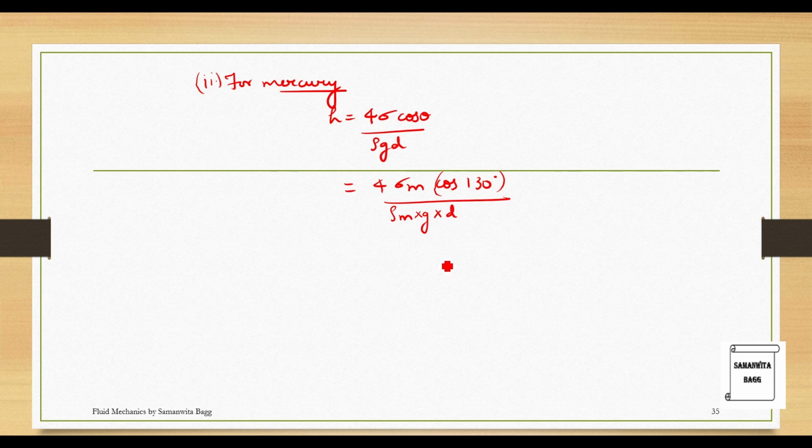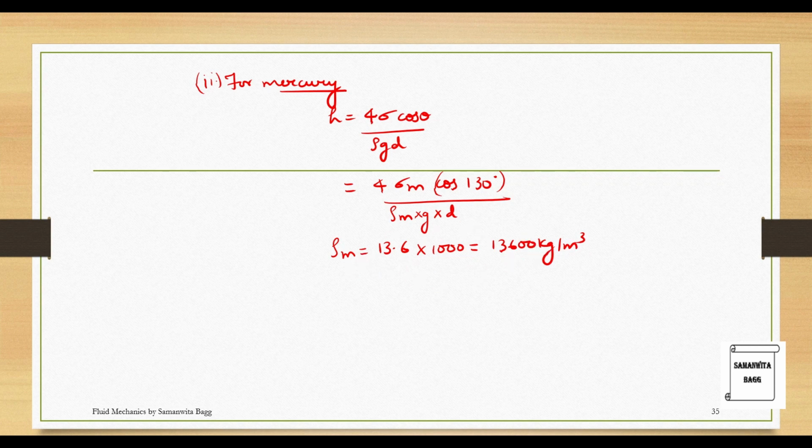You are not going to use rho of water, which is the standard value. So when I solve, I can use the value of rho for mercury as 13.6, that is specific gravity for mercury, into 1000. This is 13600 kg per meter cube.